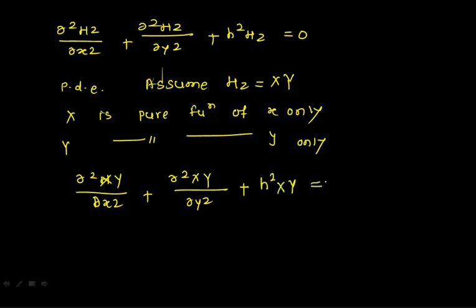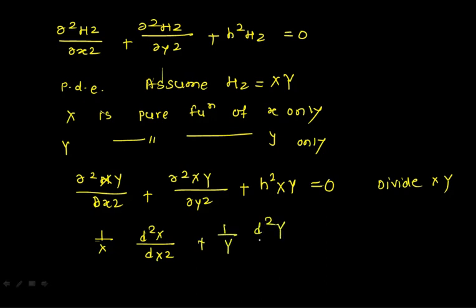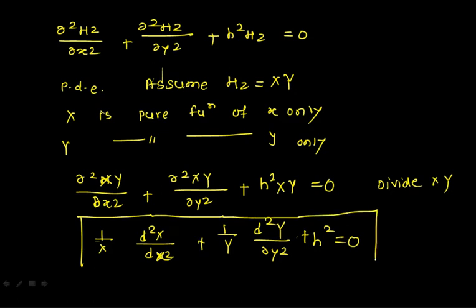Okay, so we have put this. Dividing throughout, divide the complete equation by XY, I'll get 1 by X d square X by dx square plus 1 by Y d square Y by dy square plus h square is equal to 0. Now this is the same equation which we got previously for our TM wave also.